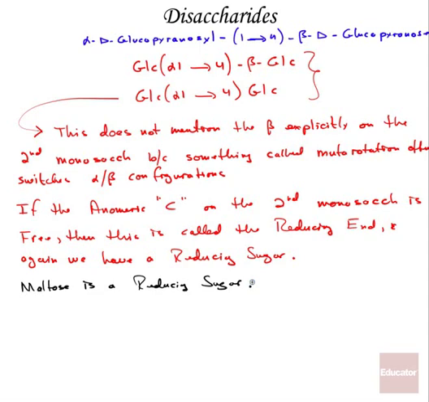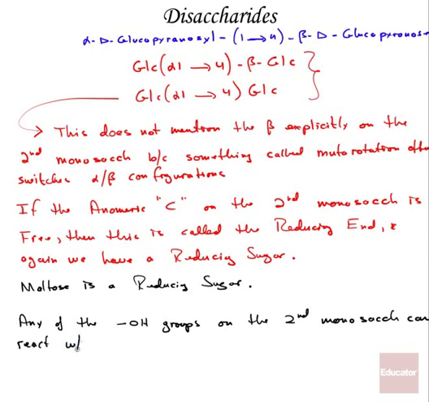Okay, now, as we said, any of the OH groups on the second monosac can react with the anomeric carbon of the first monosac.